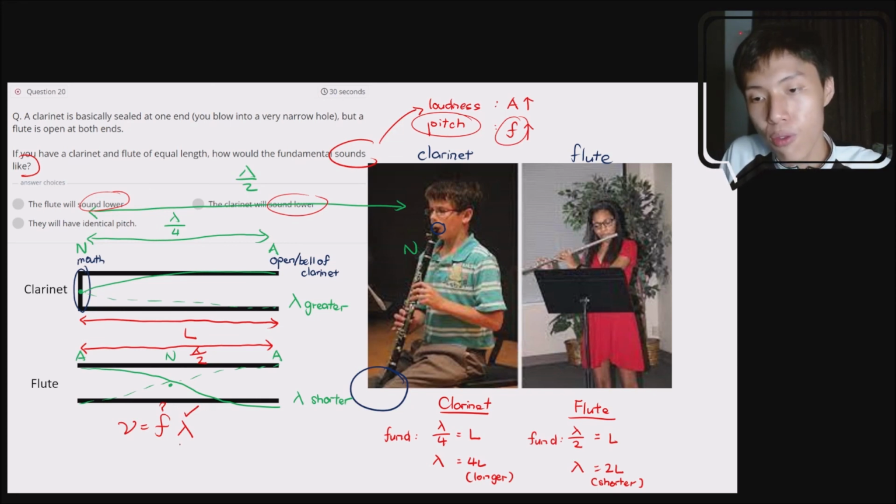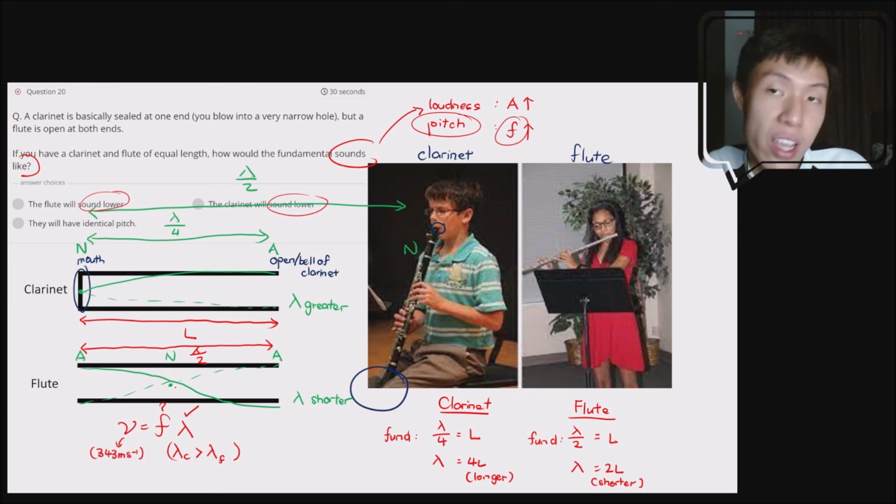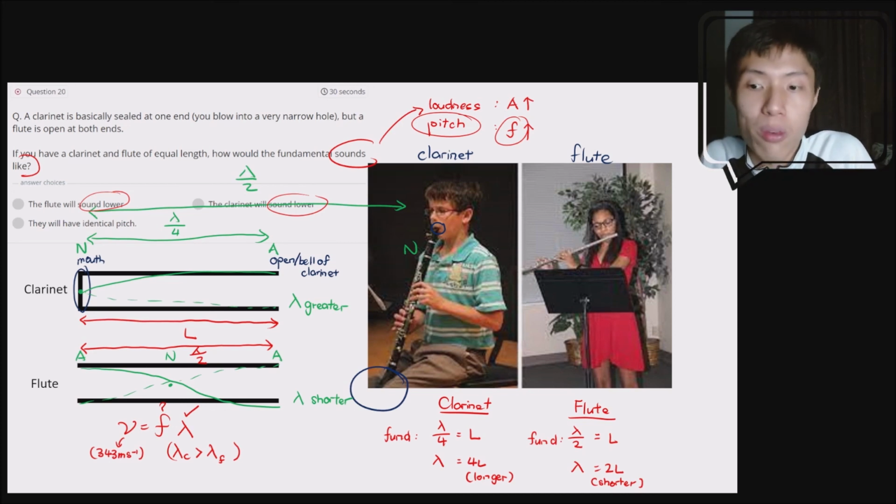Because we know for the wavelength, clarinet has a longer wavelength than flute. Okay, clarinet has a greater wavelength than flute. This is what you know for now. And you know that the speed v is always 343 meters per second because it's the same air. You're not changing it to any kind of air, not helium, it's just normal atmospheric air.